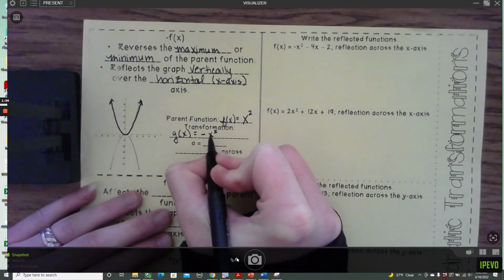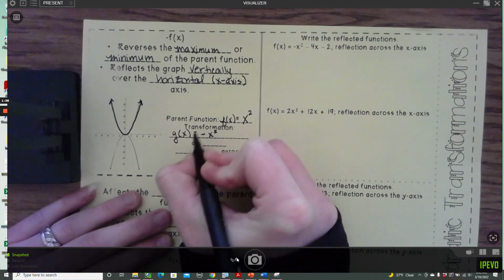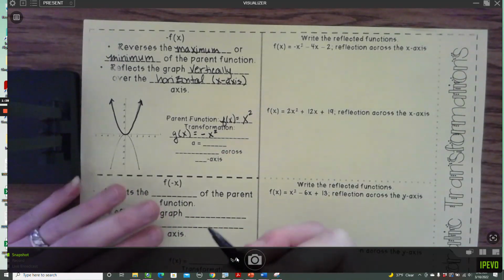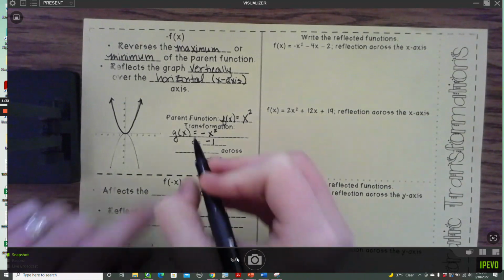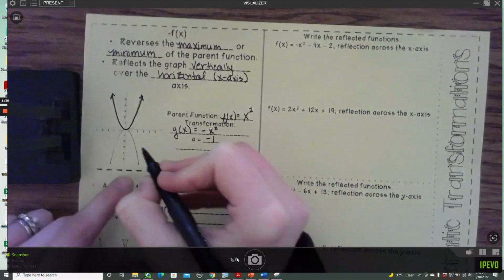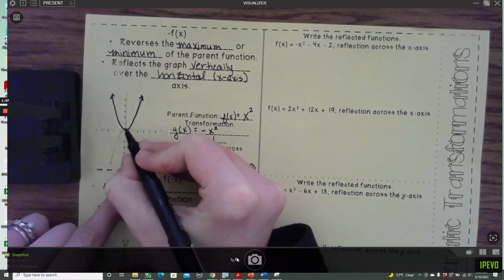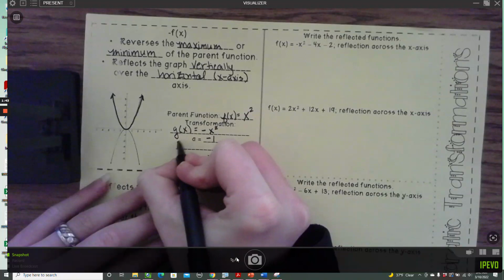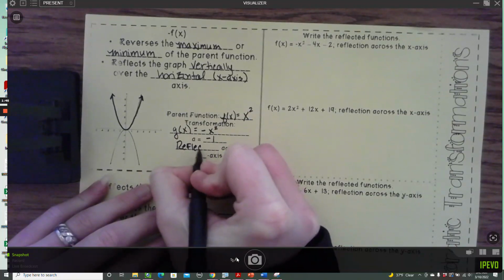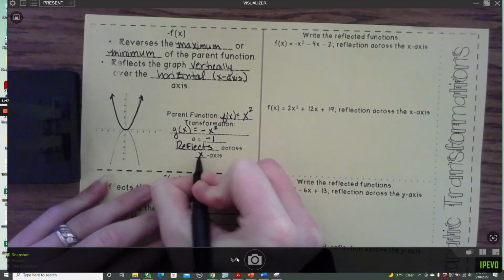And so what happens is you still square the x and then you change the sign of it. So the a here equals a -1. So anytime your a value is negative, it's going to flip it and turn it upside down. So what this does is it reflects across the x-axis.